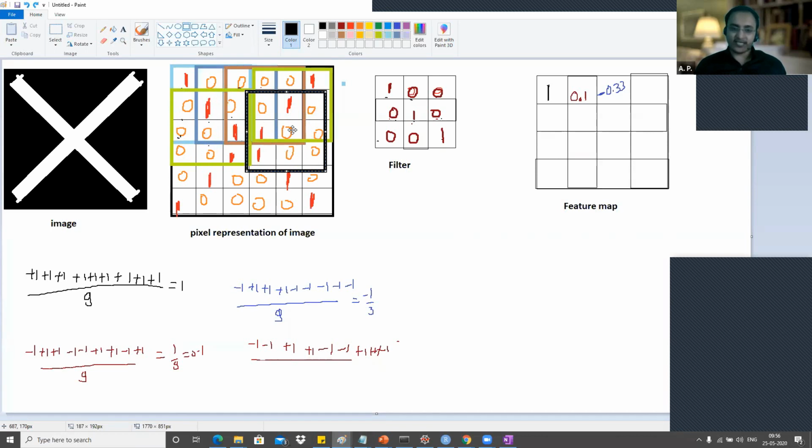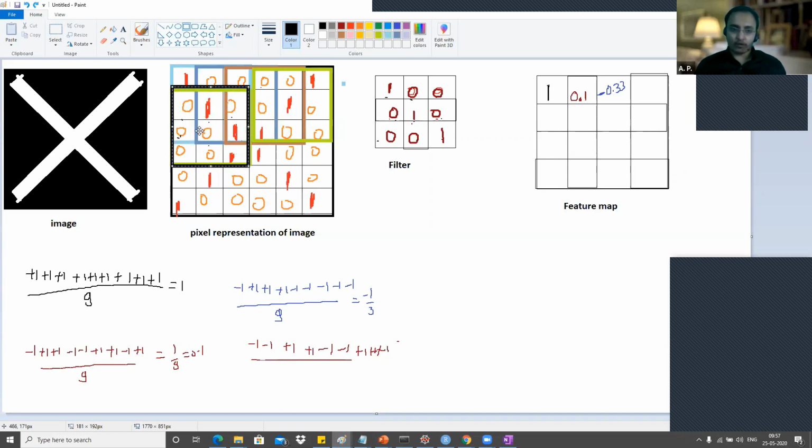It is simply going to calculate, on the whole image, how much of the image is actually similar to the feature. It's simply a filter rotating on the whole image step by step, one by one. And how big a step you want to take also depends on us, right? So we call it strides. We can make it jump 2 by 2 as well. We can make it jump 1 by 1.